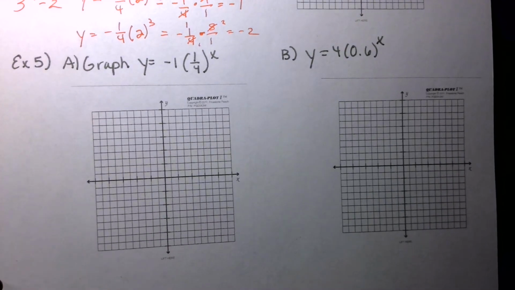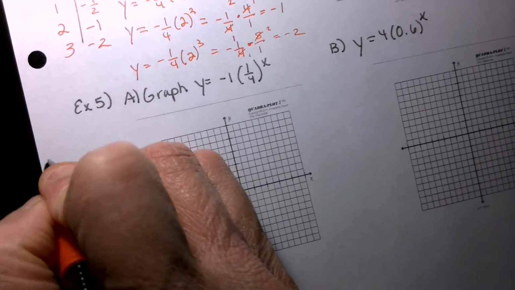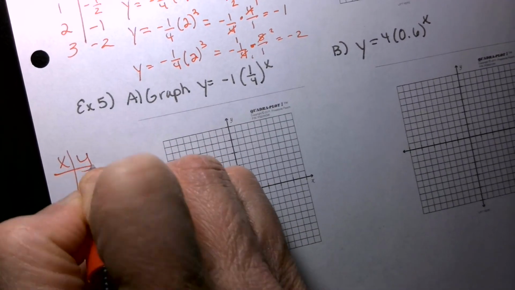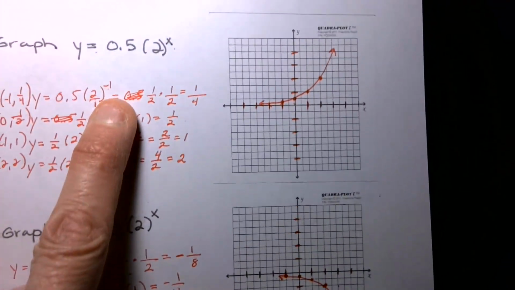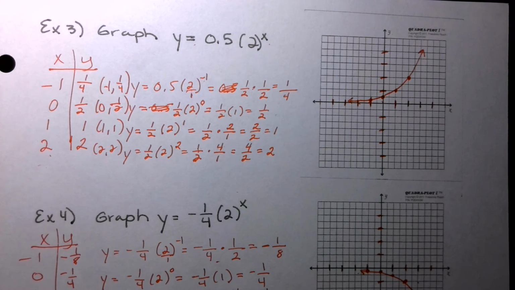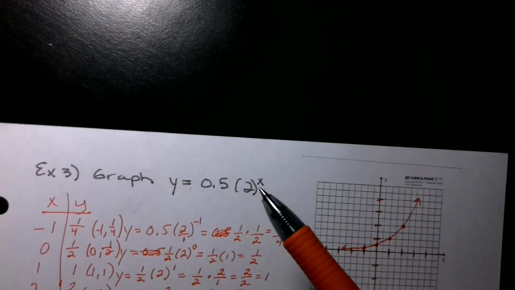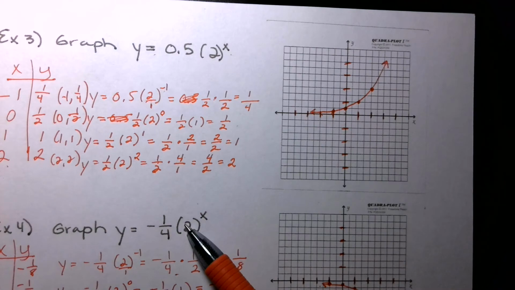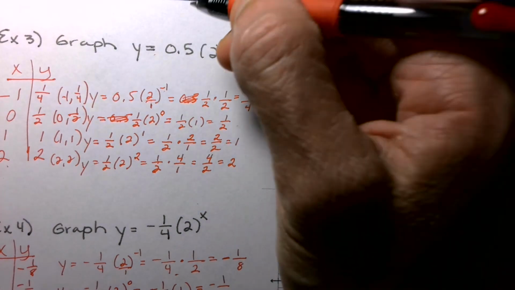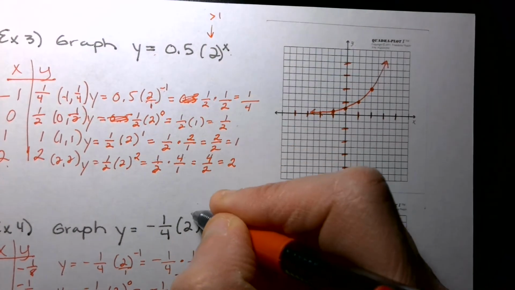Okay, now the other graphs here, we got a couple more, and then I want to show you some similarities between them. So X, Y, you notice they're a little different. In both of these, that was 2 and that was 2. Right? So in both of these, this number was greater than 1.